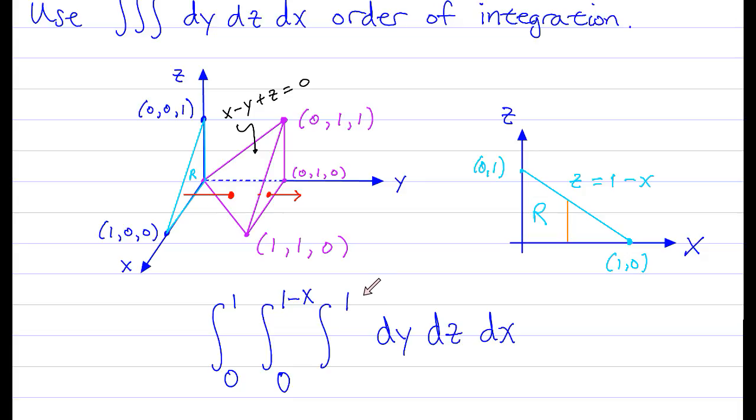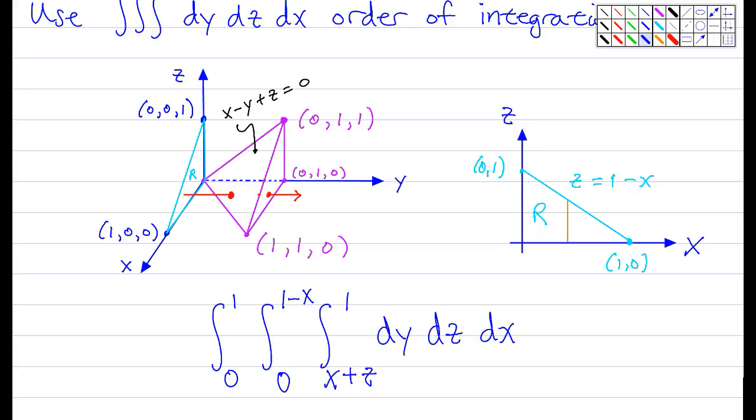The lower bound is a little trickier. It depends on what x and z are. Well, we know the equation of this plane. I solve that for y, and I'm just going to get x plus z. There it is. There's our integral done in dy, dz, dx order.